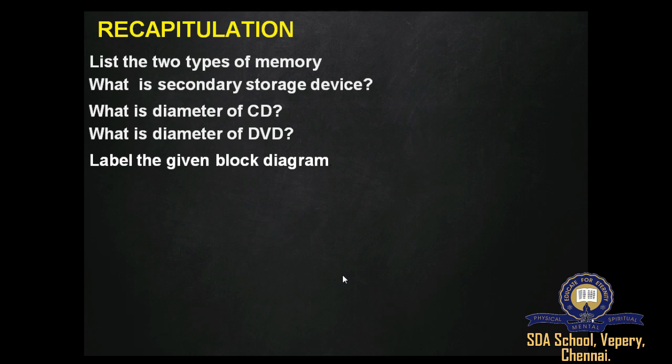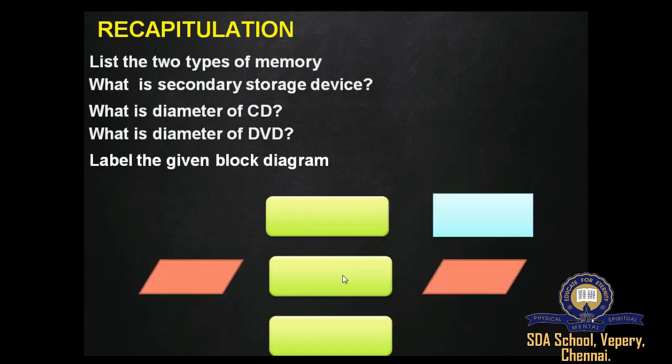Now, the fifth question is: label the given block diagram. This is the block diagram of a computer system. Very good.